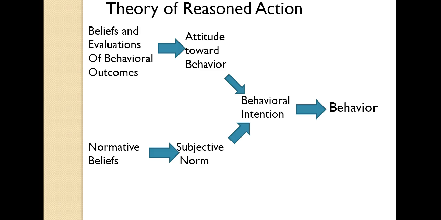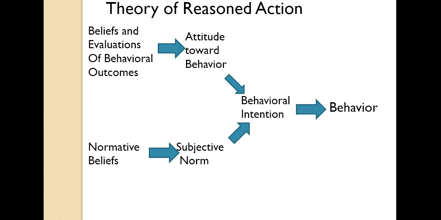Another part of the behavior in this model is looking at what normative beliefs are in the culture and what the beliefs and evaluations are of close, intimate friends. So if the friends believe you should use condoms all the time and the norm in the culture is you should use condoms all the time, your intention is more likely to be to use condoms and your behavior is more likely to use condoms.